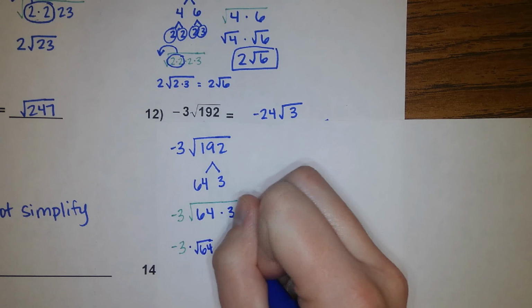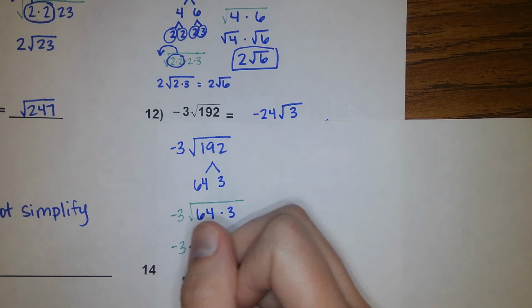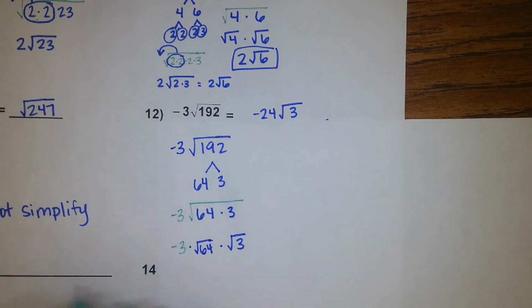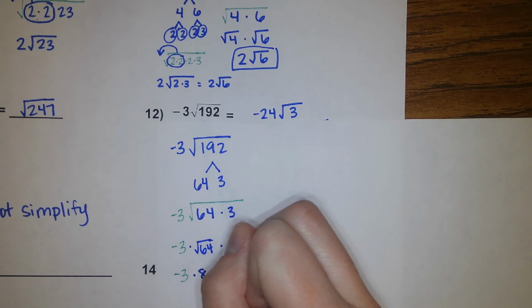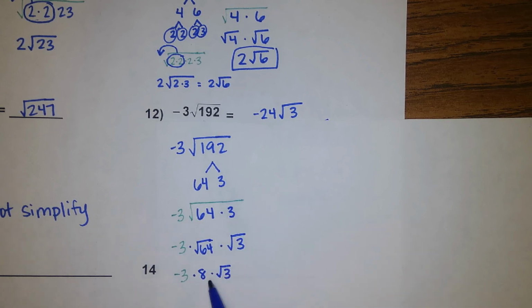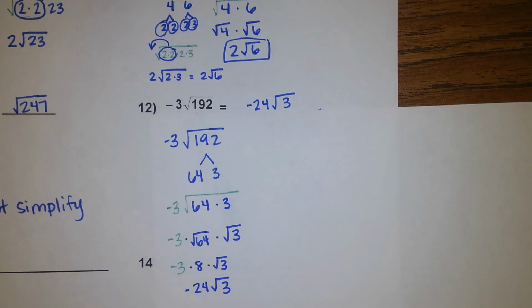We can separate those guys out. And so we would be left with -3 times 8 times radical 3. Well, -3 times 8 is -24 radical 3. All right, guys?